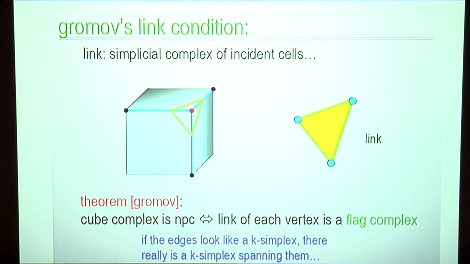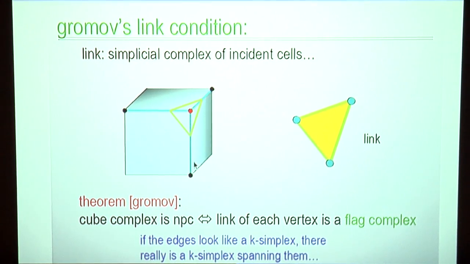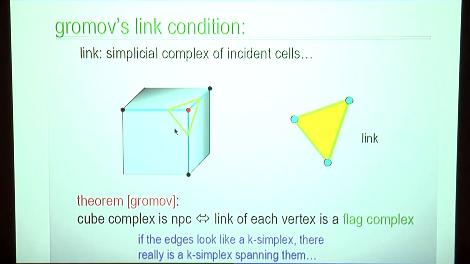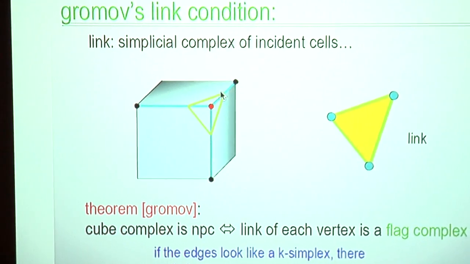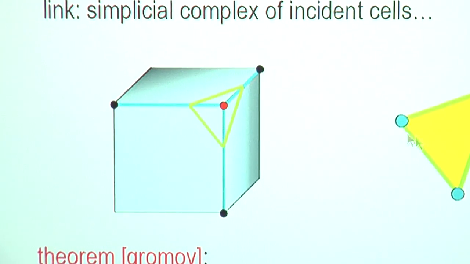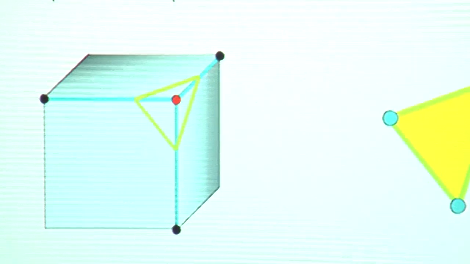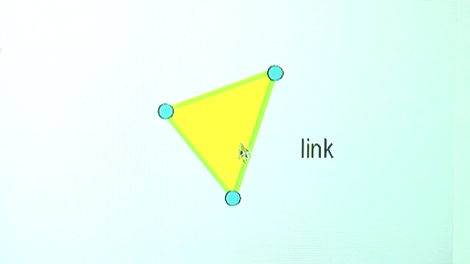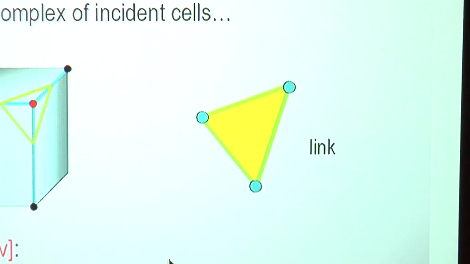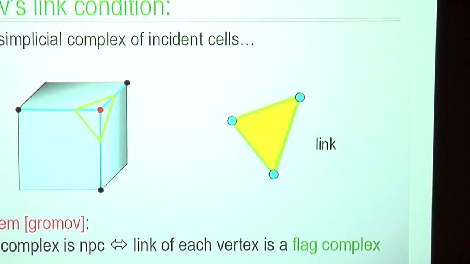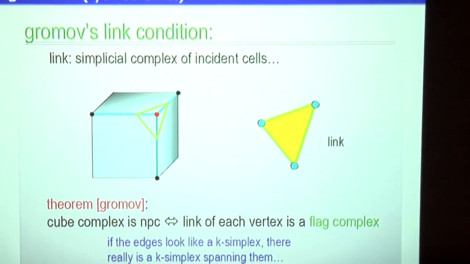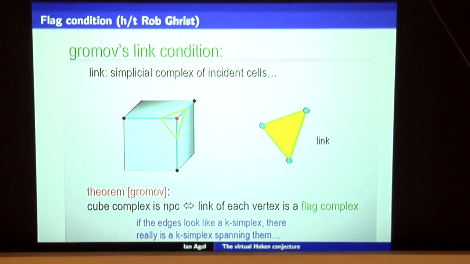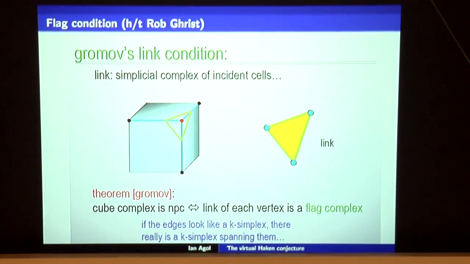So back to the flag condition. This is a picture I stole from Rob Grice. So here's a cube. Here's the link of the vertex. Anytime you see a 3-cycle in the link of the vertex, there has to be a triangle that fills it in. More generally, if you see the edges of a k-simplex, namely a (k+1)-clique in the one-skeleton of the link of the vertex, then there actually has to be a k-simplex that fills it in.